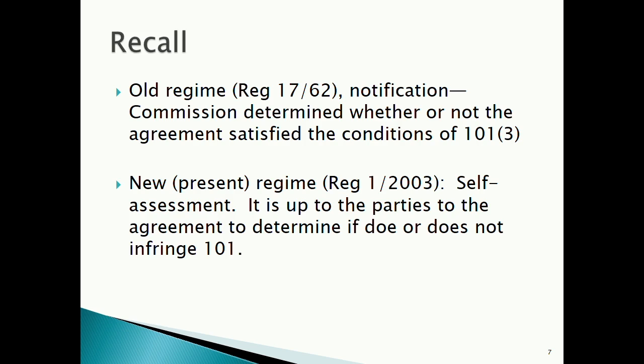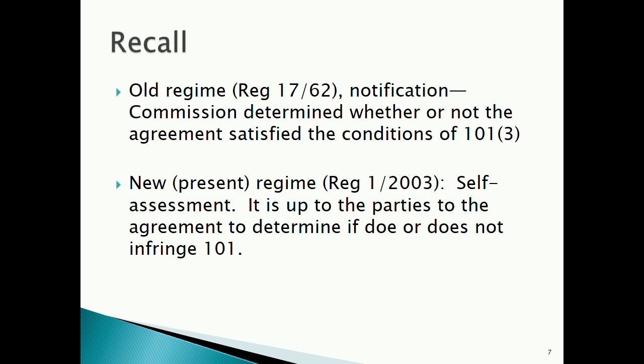Regulation 17 said that any undertakings, okay, who wished to make between or among themselves an agreement or a practice that would restrict competition would have to notify the commission. Okay. And the commission would determine A, if it violated 101.1, and B, if it could be saved under 101.3.